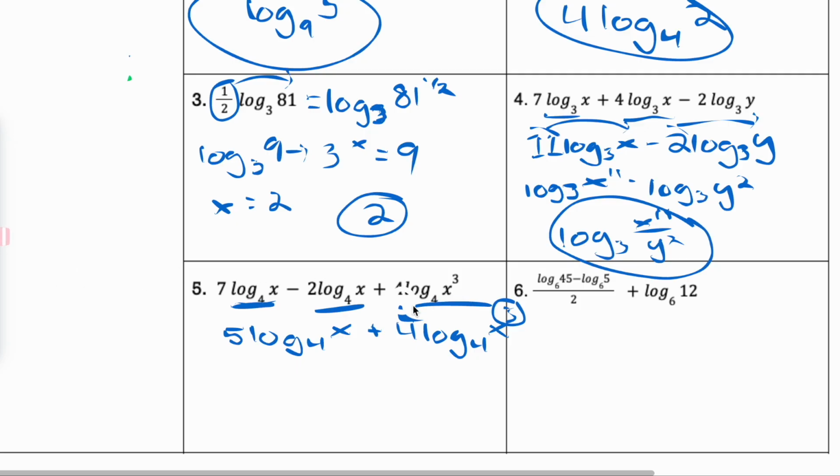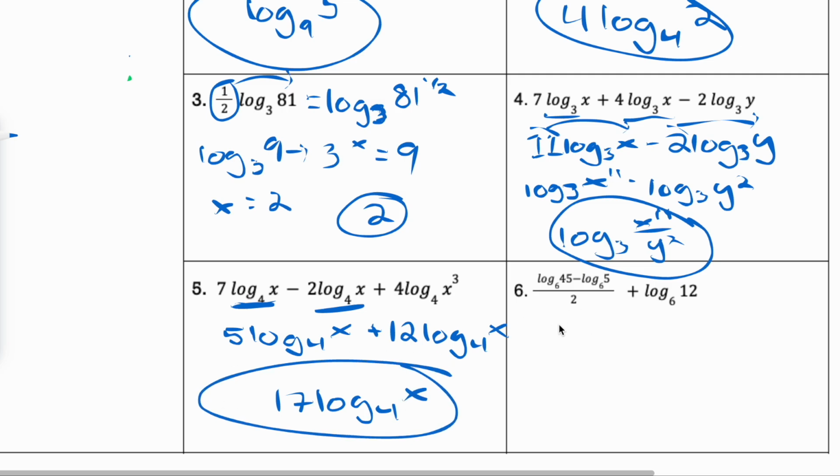So instead of x to the 3rd, I'm going to move that out front and do 3 times 4, and now we have 12. And from here, hopefully you can see it's pretty much the same deal. 5 plus 12 is 17. 17 log base 4 of x.